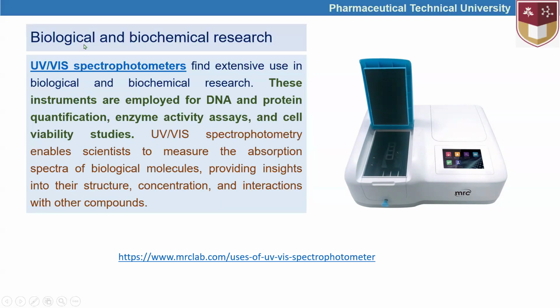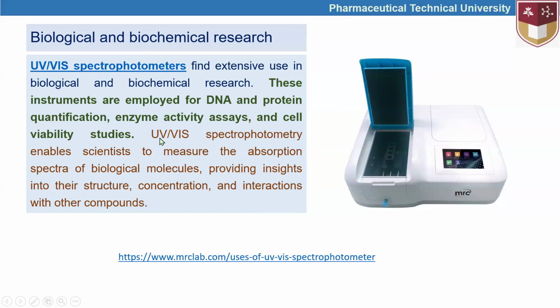And this is about biological and biochemical research. UV spectrophotometers find extensive use in biological and biochemical research. These instruments are employed for the quantification of DNA and protein. They can be used for enzymatic activity assays and cell viability studies as well.